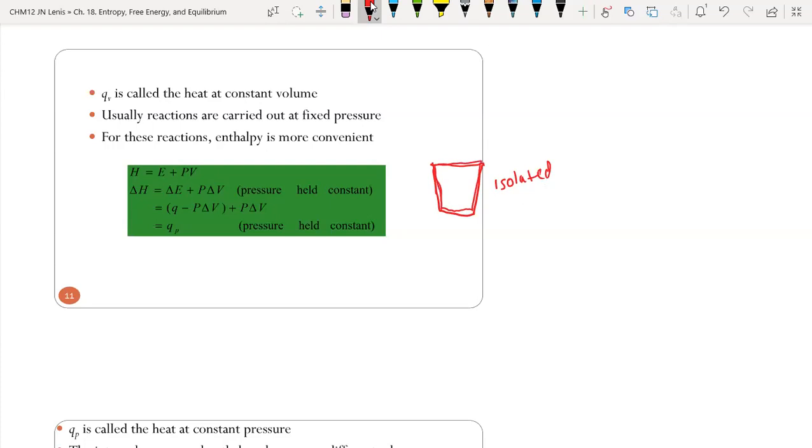In the lab, we use the coffee cup to run chemical reactions, but they are open to atmospheric pressure. And that's why we say it's a constant pressure, because in the lab, the atmospheric pressure is more or less constant. And the heat transferred here is measured as delta H. That will be heat measured at constant pressure.